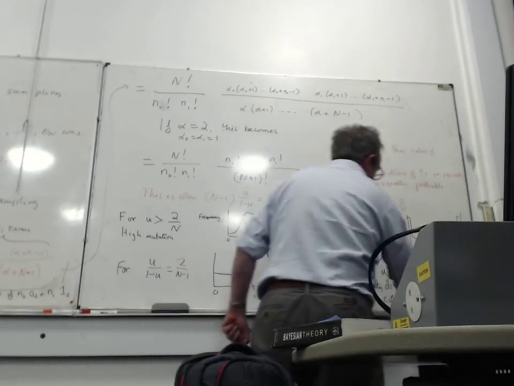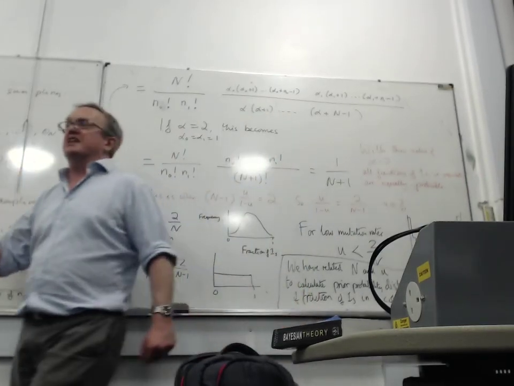I'm saying this is the prior probability distribution because we haven't put in any selection.